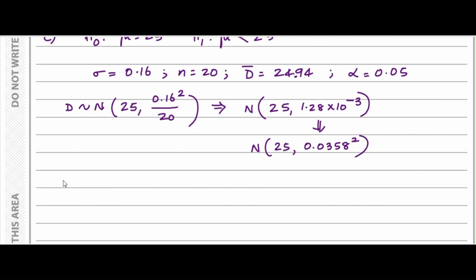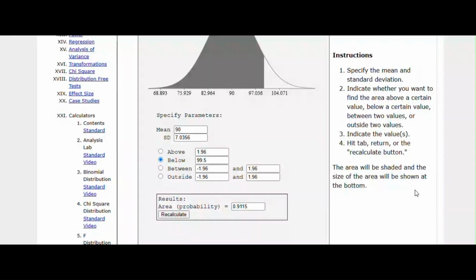Now let's write the key statement. Assuming the null hypothesis to be true, the probability of d bar being less than 24.94 is equal to, we put this in the normal distribution calculator.